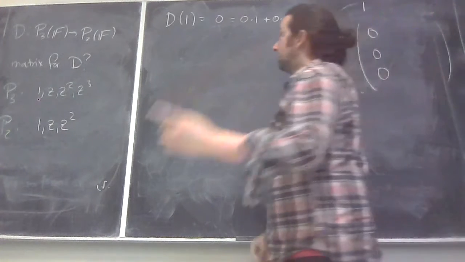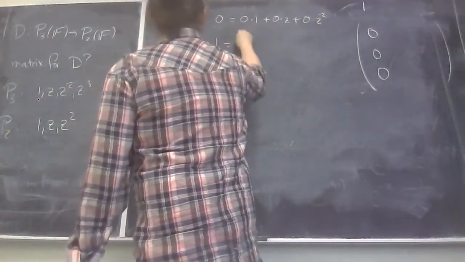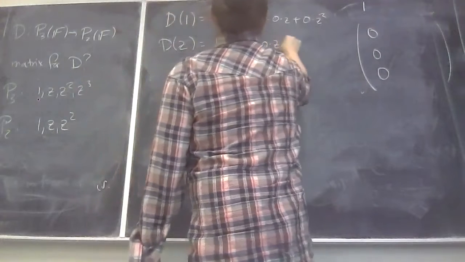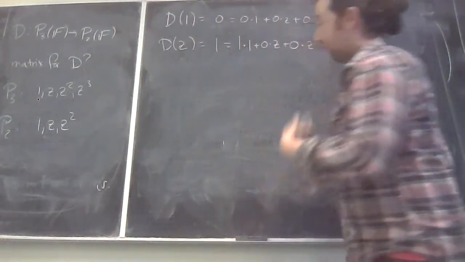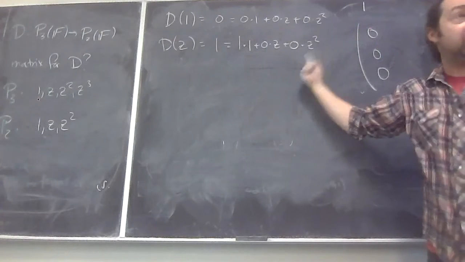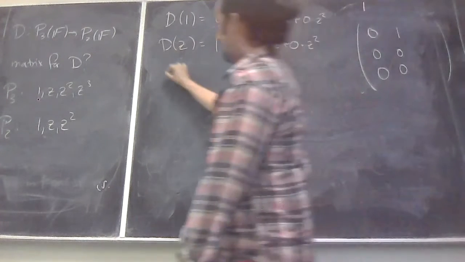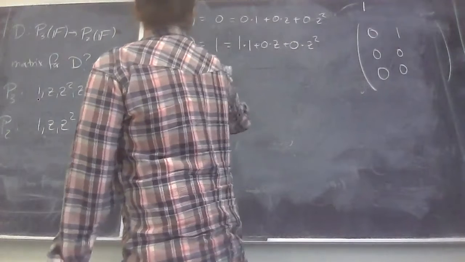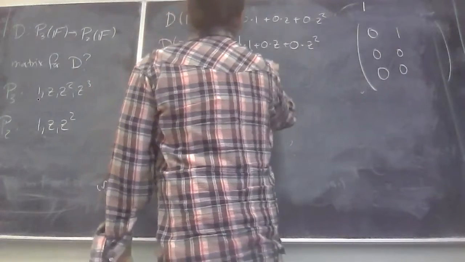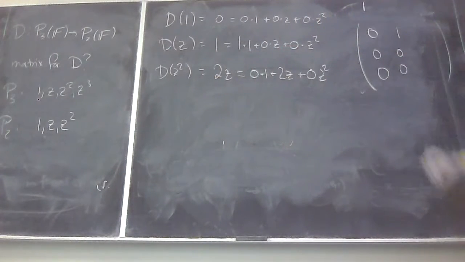What's the derivative of Z? 1, which is 1 times 1 plus 0 times Z plus 0 times Z squared. Again, I need every coefficient because I have to express this vector in terms of this basis. The zeros need to be there so that I could write 1, 0, 0. How about D of Z squared? 2Z, which is 0 1s and 2 Z's and 0 Z squareds. 0, 2, 0.